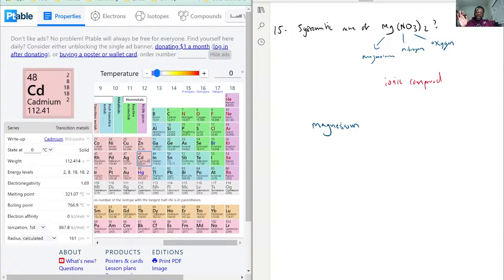Now, NO3, okay, that part's tricky because unfortunately it has to be memorized. You wouldn't think of it as a magnesium, then it'd be nitrogen trioxide or something. That wouldn't be the case. This ion is known as nitrate. How do we do this? The nitrogen, that's the important part.